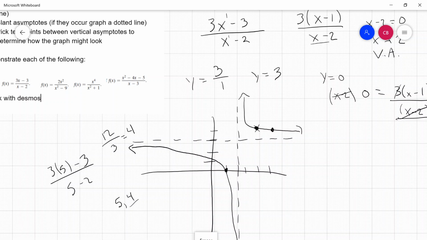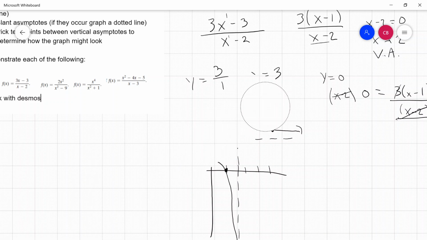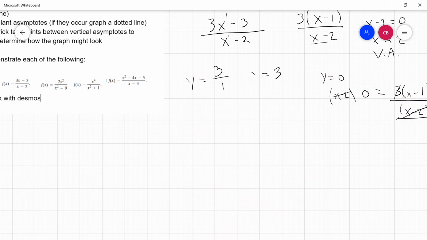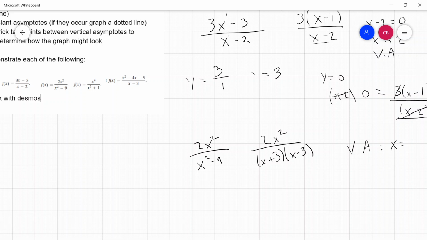All right, so let's look at 2x squared now. We have 2x squared over x squared minus 9. This is 2x squared over x plus 3, x minus 3. So you know we can get the vertical asymptotes really quick. Guess what they are? They are x equals 3 and x equals negative 3.